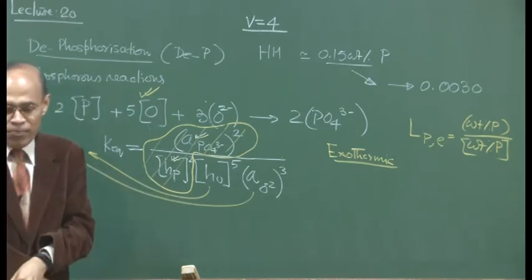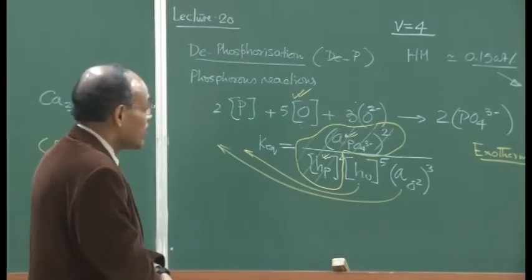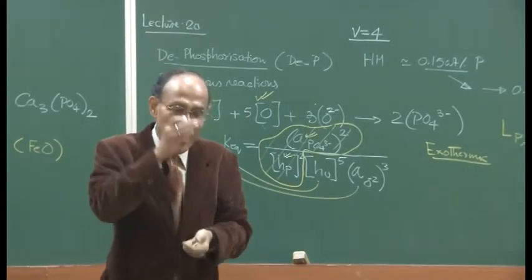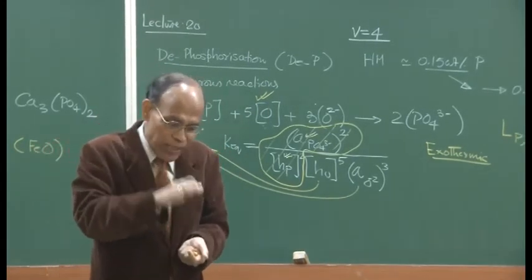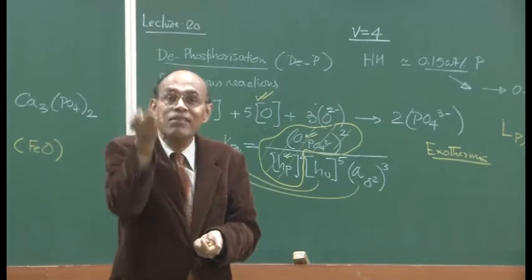The only issue here is that towards the end of the process, as I have said yesterday or in the preceding lectures, as the carbon content goes down and down with the progress of the blow, the slag iron oxide content increases.